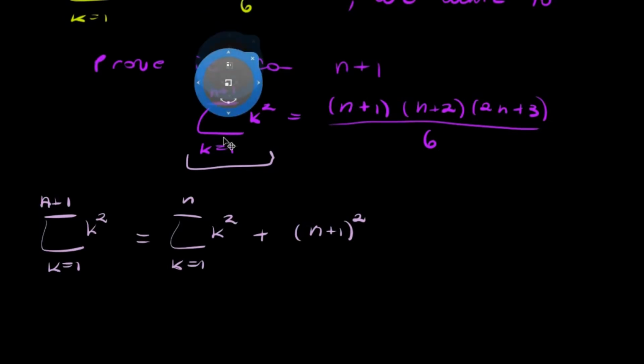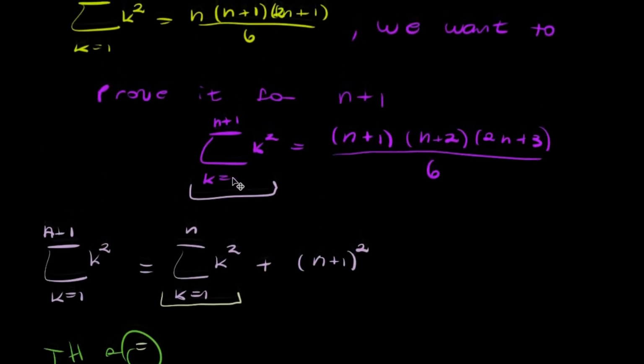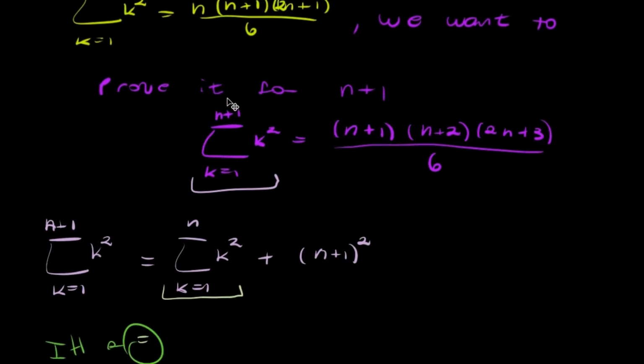Now again, it's always the same. I'm gonna write it like this. So this is my inductive hypothesis, and we know that this equals this thing we wrote in there.